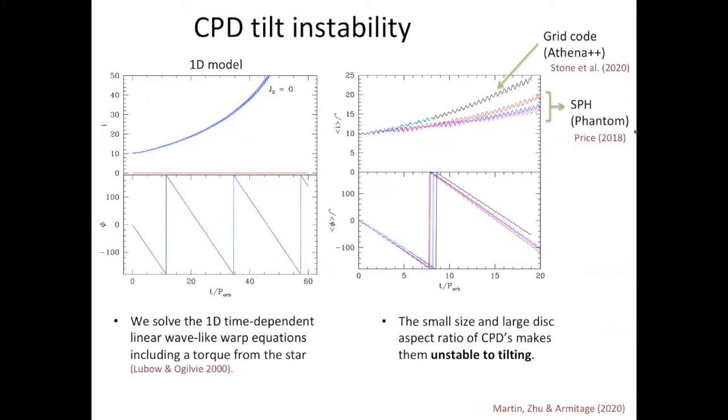However, they show similar behavior to the 1D model on the left. Just note the different time axis on the left and the right panels. So the conclusion here is that the circumplanetary disk is unstable to tilting for reasonable disk parameters.